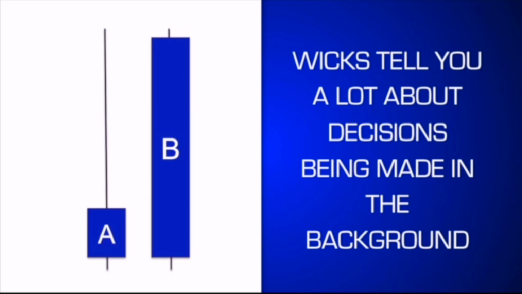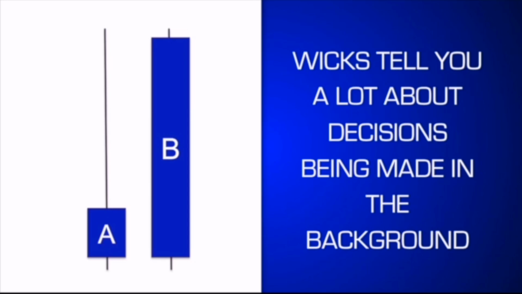If you look in the picture, you'll see in that little purple region there are lots of wicks, and then all of a sudden the market turned around and went down. That's an example of what I'm talking about. So pay attention to those wicks. They tell you a lot. They tell you that the market may not be trying to move in that direction.